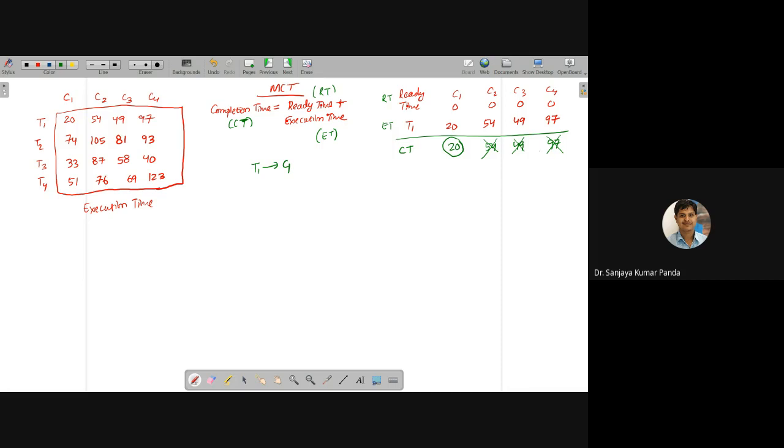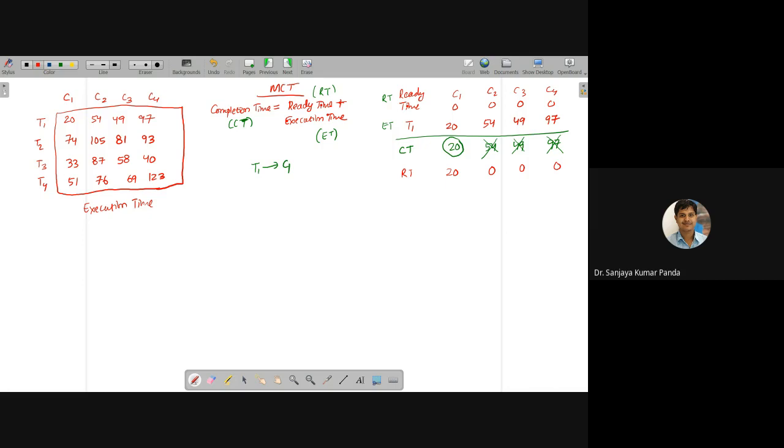So now the ready time is updated as 20 for C1. In the C2 case it is 0, in the C3 case it is 0, and in the C4 case it is 0. So try to understand it very clearly. Initially you mapped to 4 different clouds, but finally you have assigned to only one cloud, right?